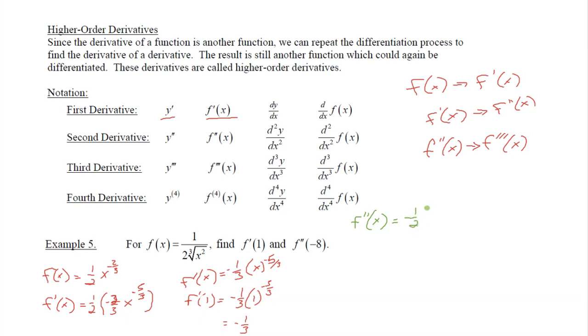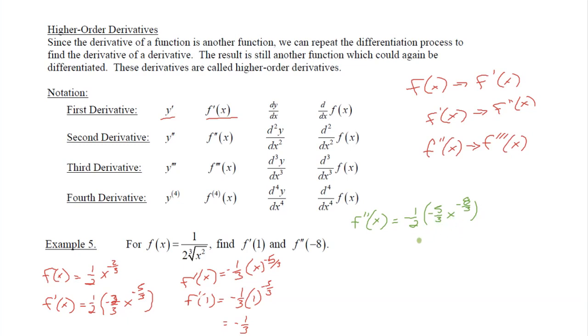And we've got to deal with this x to the negative 5/3. Well, to do that, we take out our negative 5/3. That becomes x, and we subtract another 1 from that. So this now becomes a negative 8/3. And that's our second derivative.